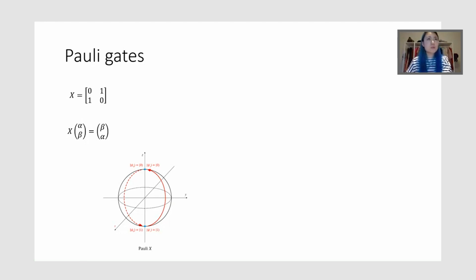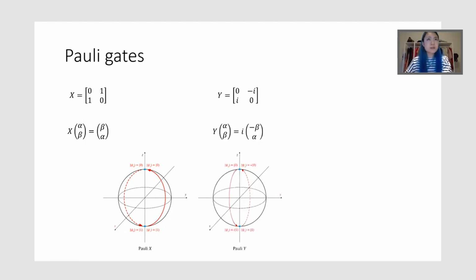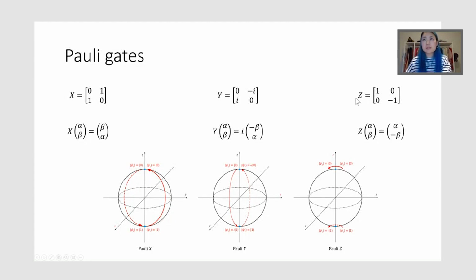I think in classical computing, you also have these flip gates. And you can also have a Y that's very similar, but adding some phases to it. There's also a Z gate that is almost an identity matrix, which does nothing to your system, but the Z gate has a minus sign here, so it adds a minus sign to your second element.